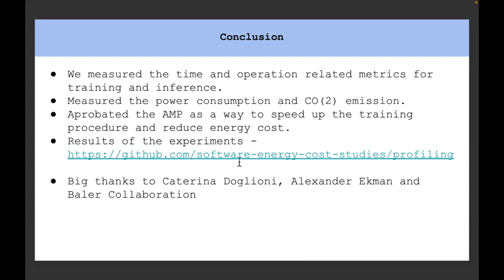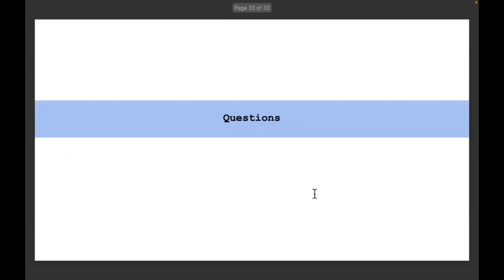The results of the experiments are stored in this repository. And I would like to say big thanks to Katerina, Alexander Ekman, and the Baler collaboration for this work. Do you have any questions?